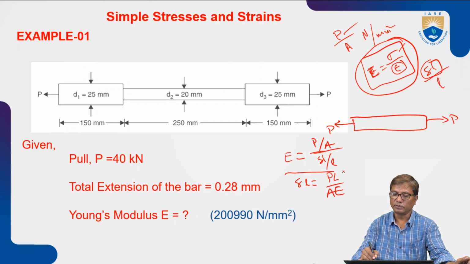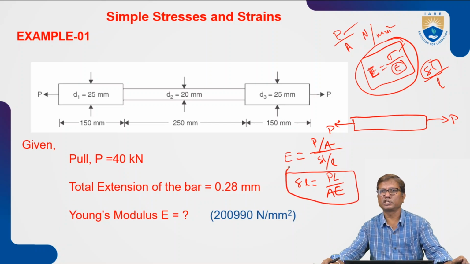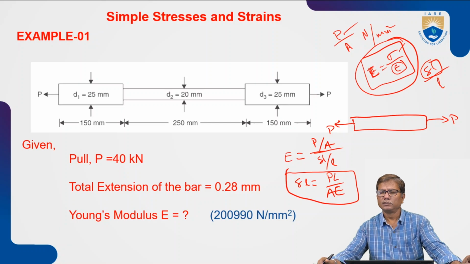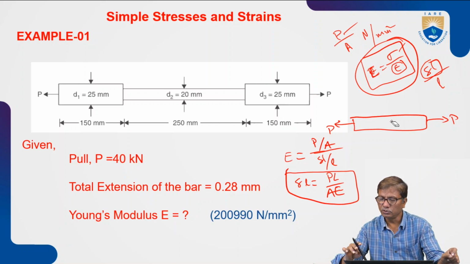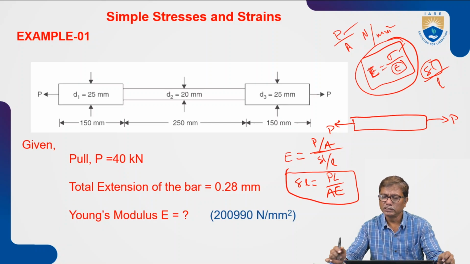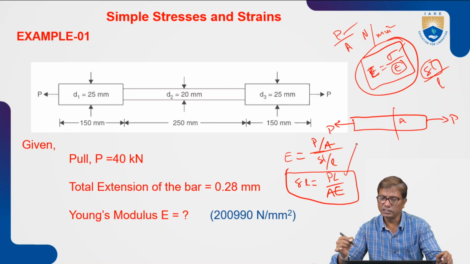The extension of the member is given by this expression. This is for a member of uniform cross section, that means the cross sectional area is the same throughout from one end to the other end. For such a member, we can find the extension or contraction by using this expression.